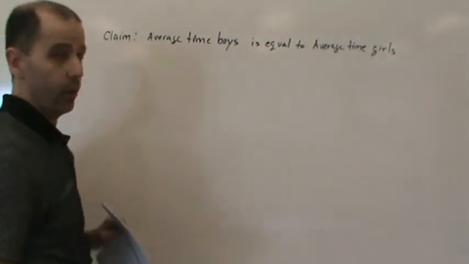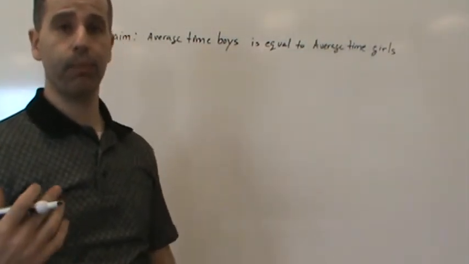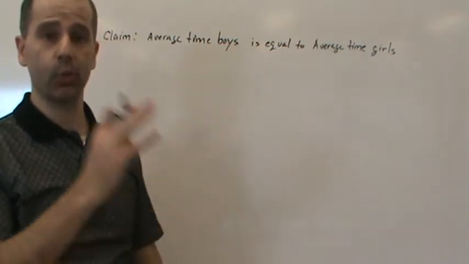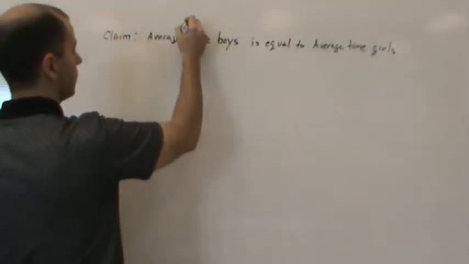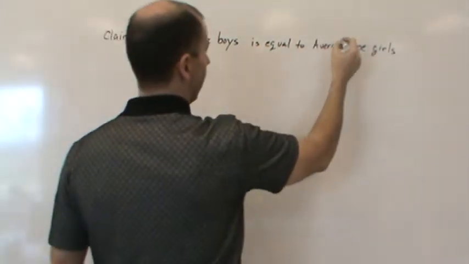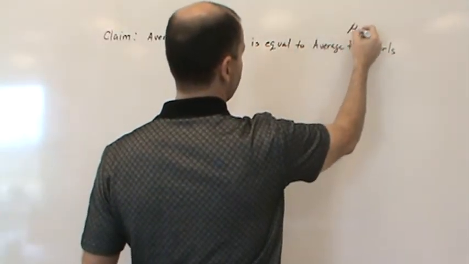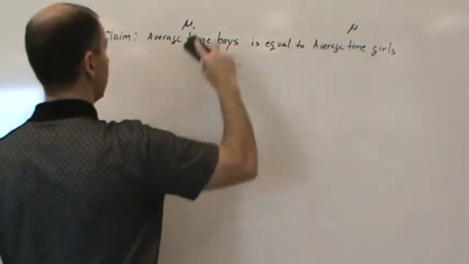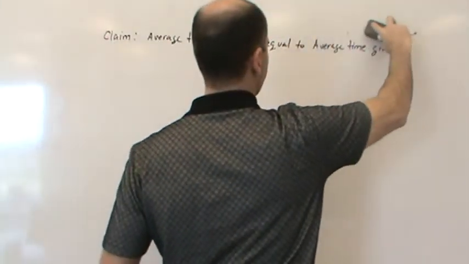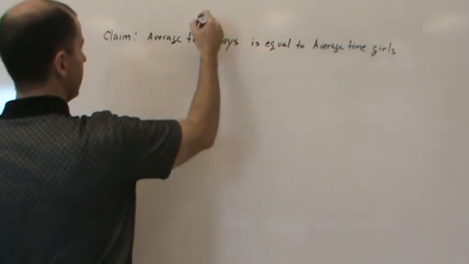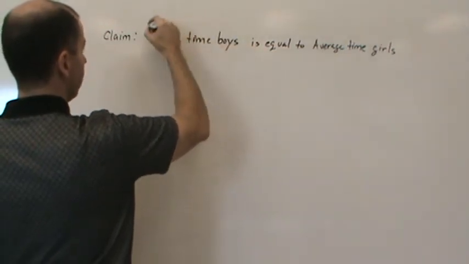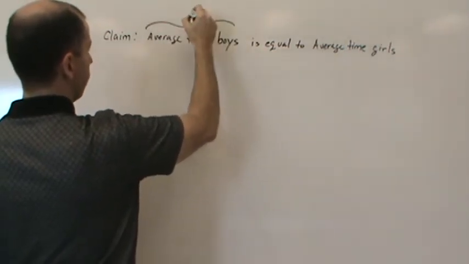So what do we get? Well, again, we have to determine which is going to be mu1, which one is going to be population 1, which is going to be population 2. So we'll say the population of boys is population 1, so the average time the boys spend.